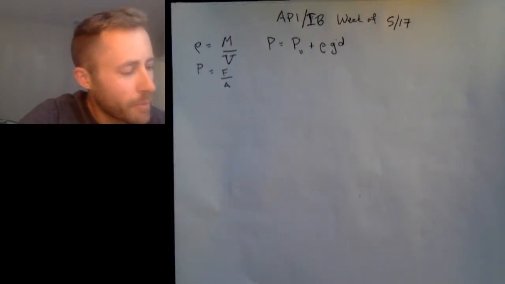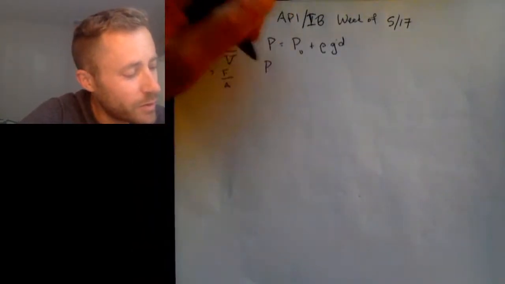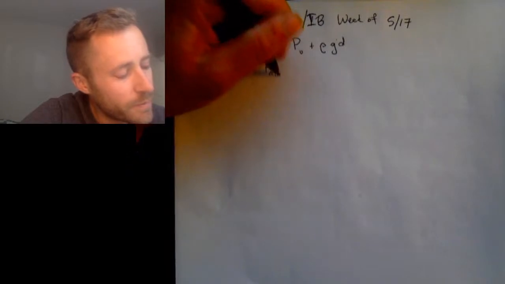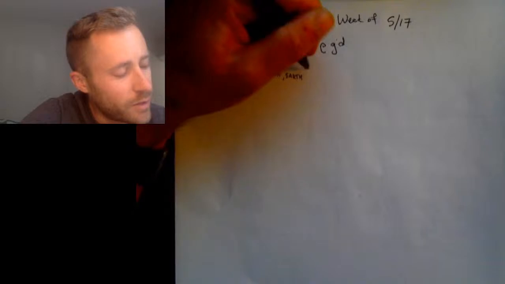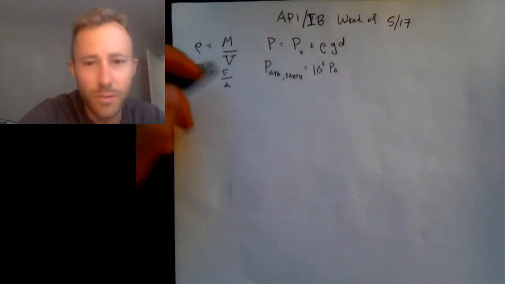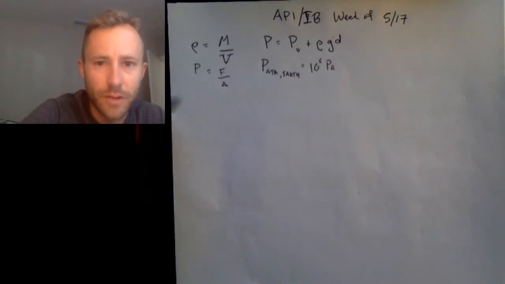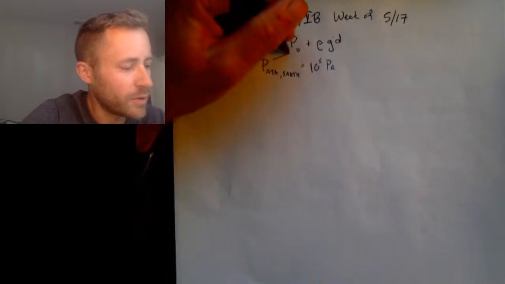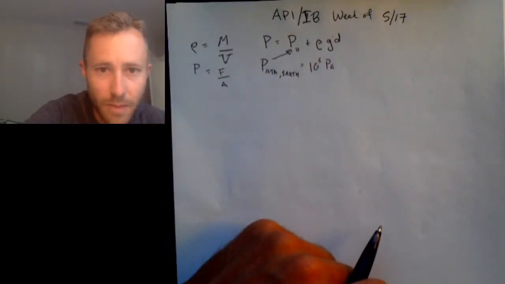A couple of common values. The atmospheric pressure for Earth is 10 to the 5th pascals. A pascal is a Newton per square meter. That's often used as P naught if you're doing any calculation on Earth.